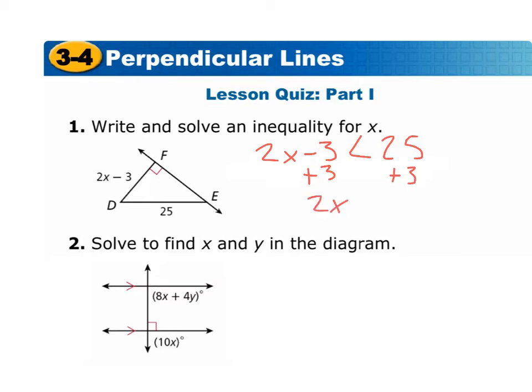We get 2x is less than 28. Haley, what would we do next? Divide both sides by 2. And we get x is less than 14. Yes. That's our answer. So now let's look at number 2.